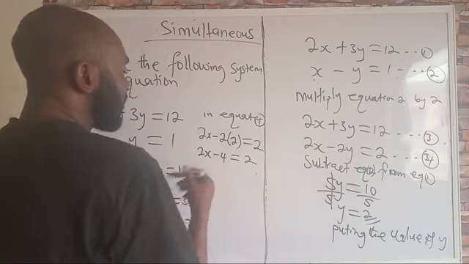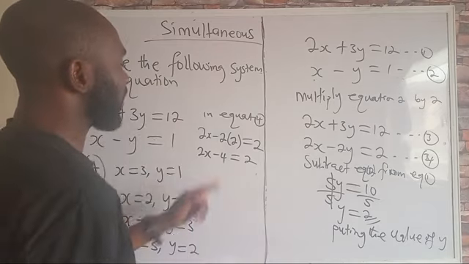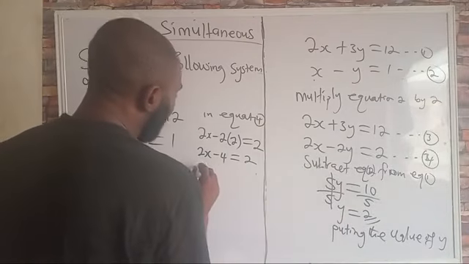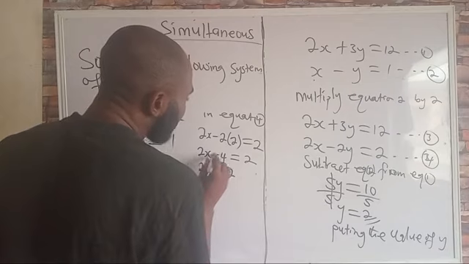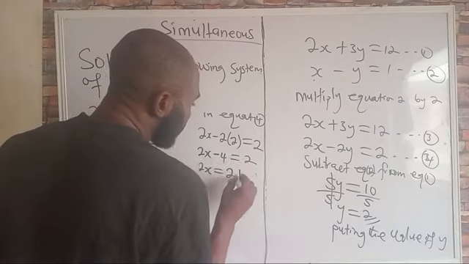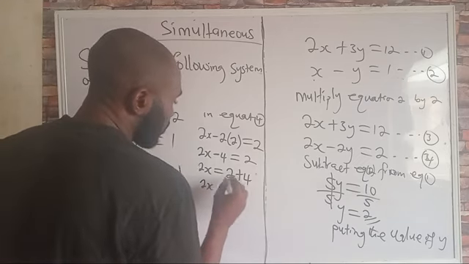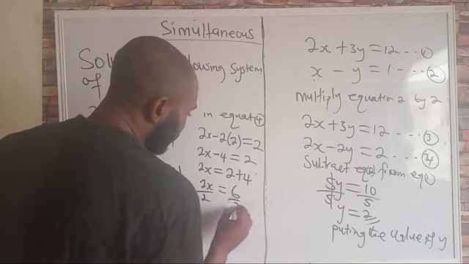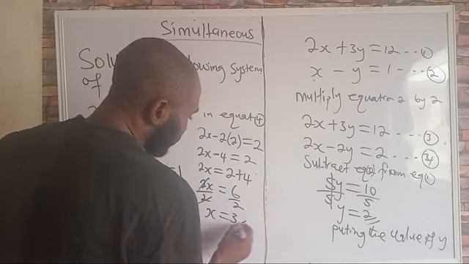I'll keep variables on one side, constants on the other. 4 is a constant, 2 is a constant, so I'll put them on the right-hand side. I'll now have 2x is equal to 2, and when this minus 4 crosses the equality sign, it changes to plus 4. So we now have 2x is equal to 2 plus 4, which is 6. Divide both sides by 2. 2 cancels 2. x is equal to 3.